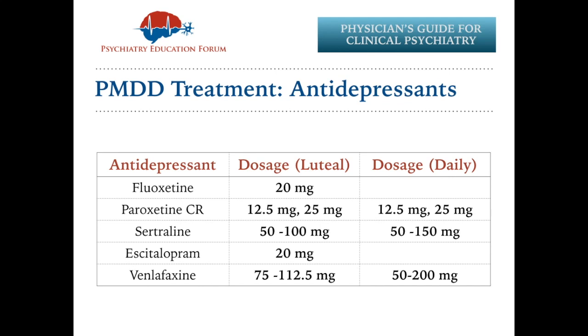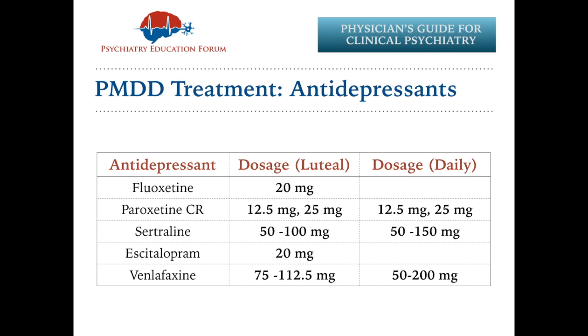For escitalopram, 20 milligram dosing is more efficacious than 10 milligram dosing. For venlafaxine, for both phases, it has shown effectiveness. Dose has ranged from 75 to 112.5 milligram for luteal phase and 50 to 200 for daily dosing.